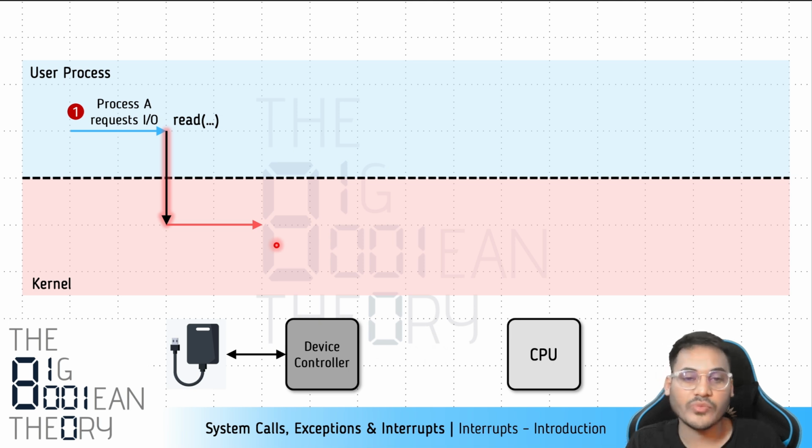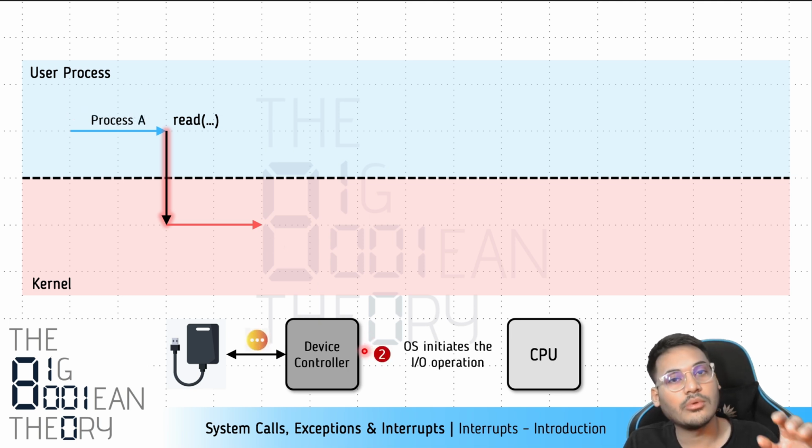First of all, it will give instructions to the device controller, like from which file the data has to be read, how much data has to be read, and the mode of operation. All of these instructions the operating system will give to the device controller. It will basically program the device controller to initiate the IO operation.